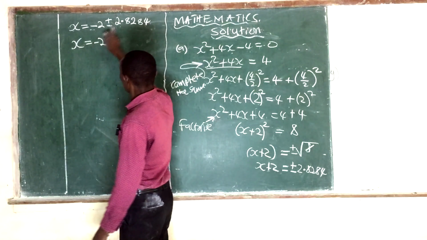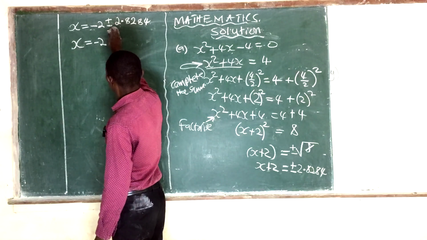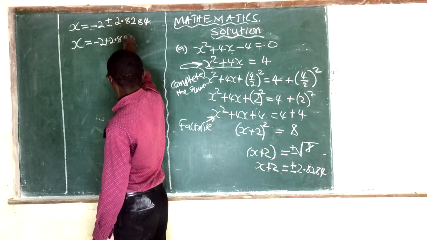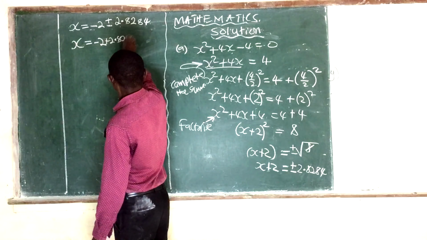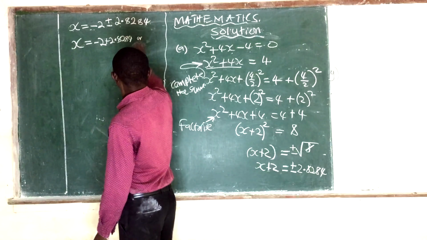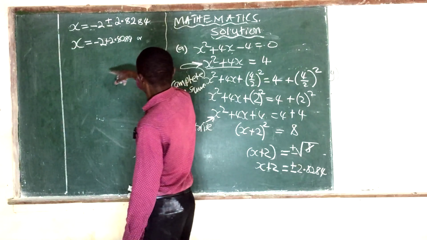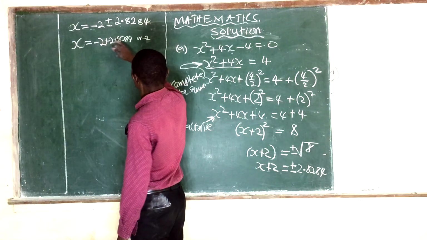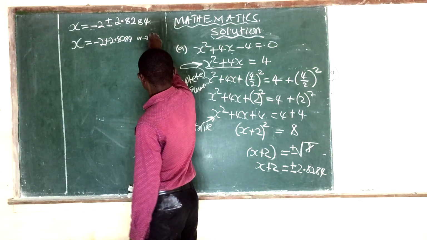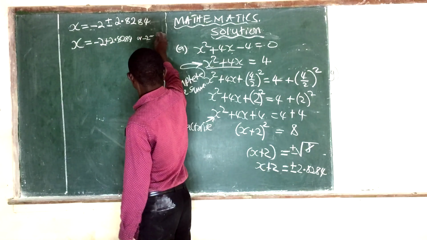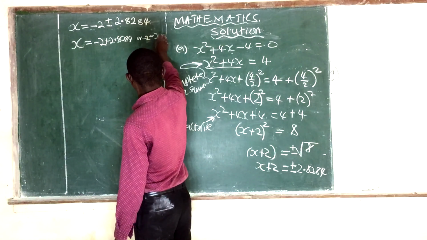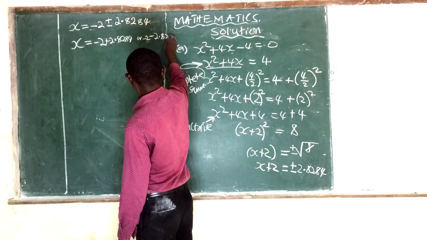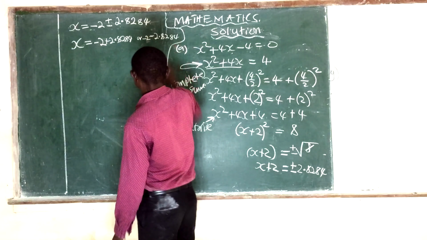So what you do here, just split that one: minus 2 will be attached with a positive 2.8284. Or you have the same minus 2 should now subtract this one here, that is 2.8284.